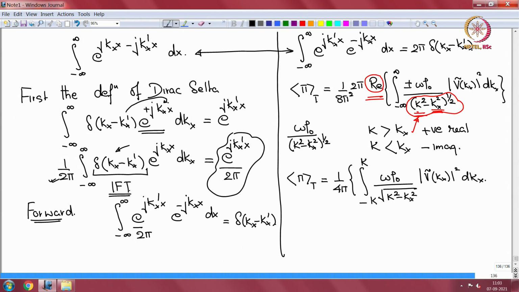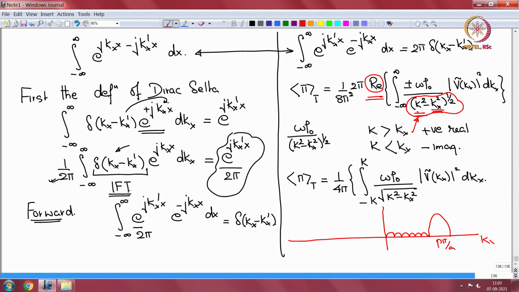So if I have to bring in the picture that I drew earlier, we had V tilde kx shown like this, all these little bumps and a peak at p pi by a.